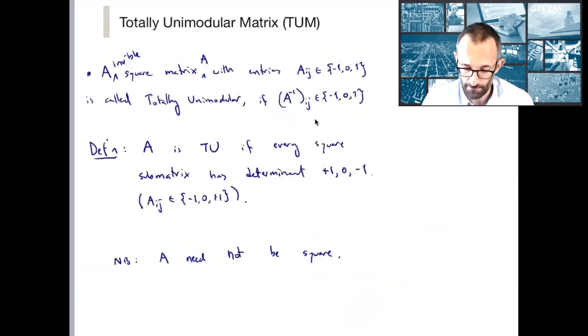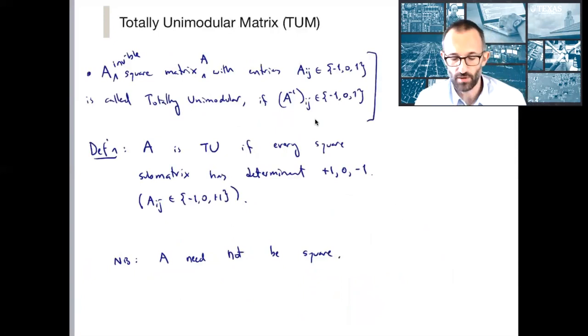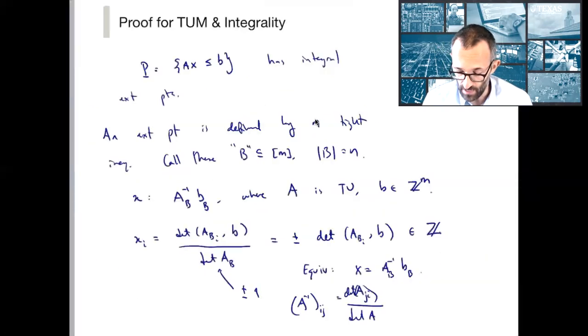Let me just flip back here. So our first definition of total unimodularity is that a matrix is totally unimodular if its inverse also has entries in minus 1, 0, and 1. But if its inverse has entries in minus 1, 0, and 1, that's just another way to say that every equation of the form A_B x equals b has an integral solution whenever b is integral.